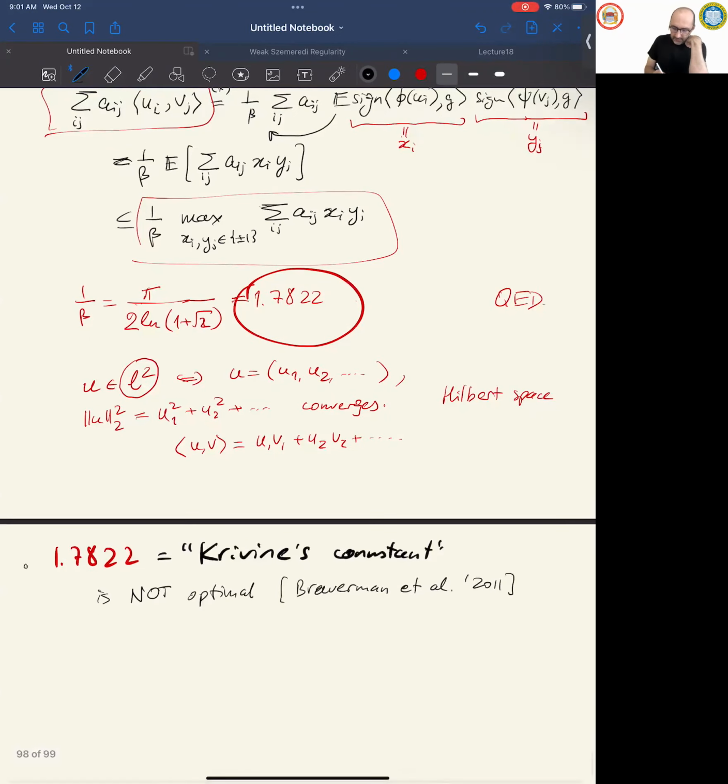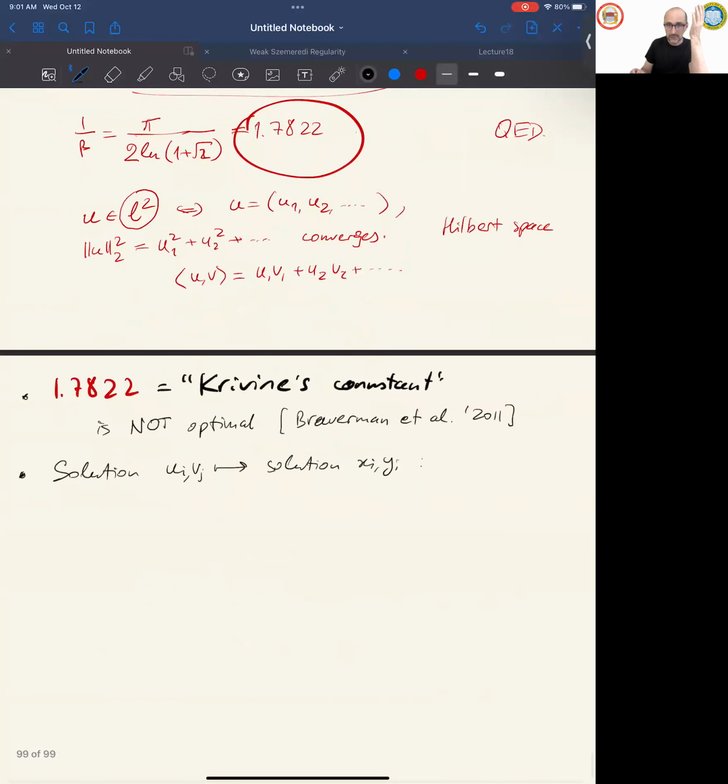Oh yeah, and also how to get from the solution u_i of the semi-definite program to the solution of the original problem, so from u_i, v_j to the solution x_i, y_j. This can be done by randomized rounding, by an application of a similar argument, but it's a little non-trivial.